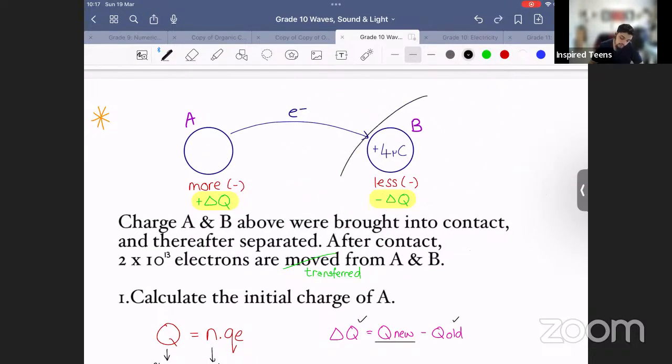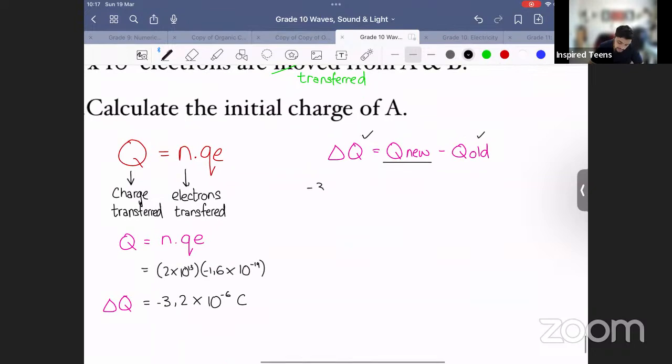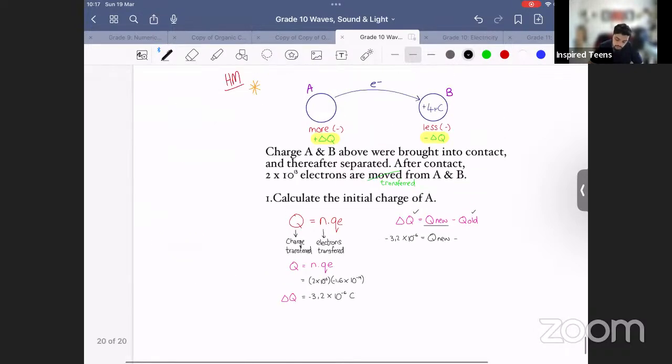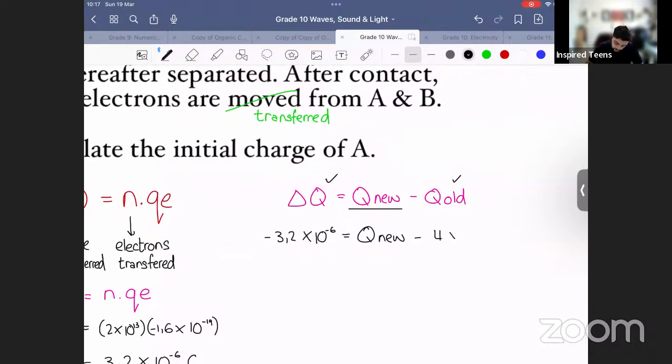If we choose B to work with, we have to choose a negative delta Q, which works out fine. So negative 3,2 times 10 to the negative 6 is equal to Q new minus the Q old we're working with, which is 4 times 10 to the negative 6.